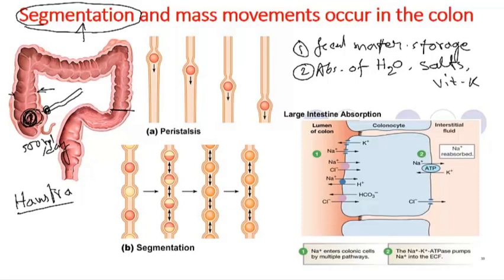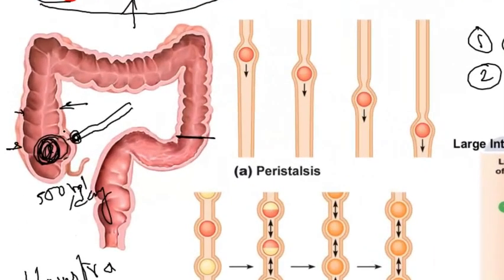The mass movements are sustained and intense peristaltic contractions that begin in the large intestine due to the formation of these haustra. The peristalsis starts from this point and slowly pushes the food through the transverse colon till the descending colon.